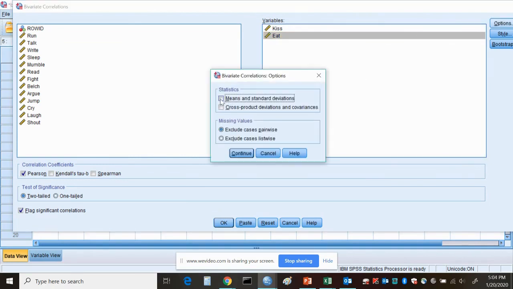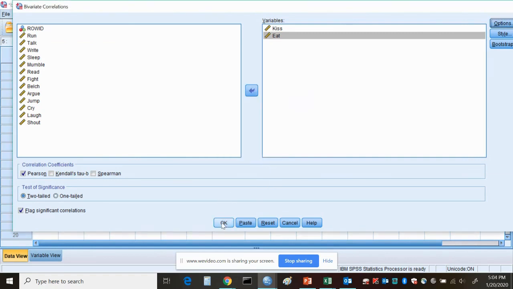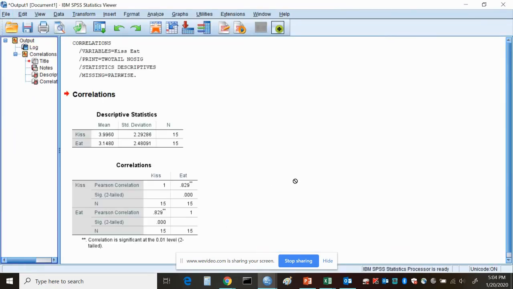It allows us to look at the means and standard deviations, which is always useful when wanting to describe the data. We'll hit continue and we'll hit OK. So there are 15 people total, and the value they attribute to the average kissing score was almost 4. The average eating score was a little bit closer to 3.